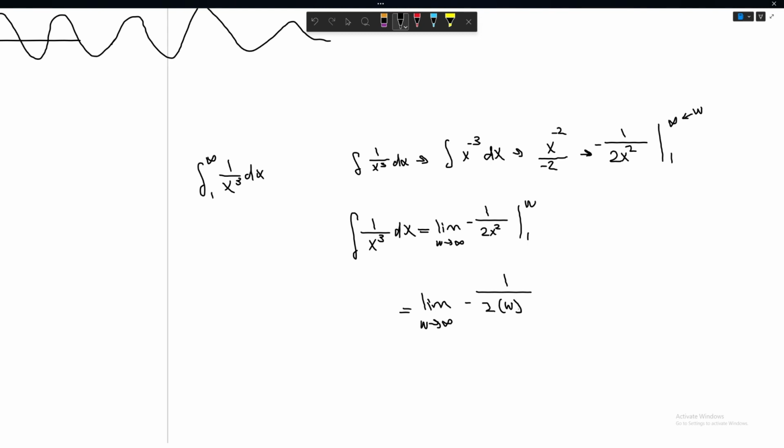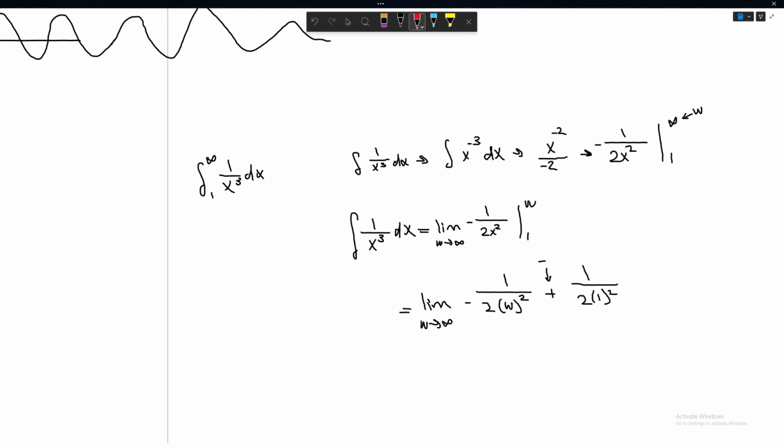I just wrote infinity so we can visualize it, but you would write it like this. This is your correct syntax. And so plus 1 over 2 times 1 to the power 2. The reason this is plus is because when you integrate, this would be negative, but we already have a negative in our function, so it turns into a plus.